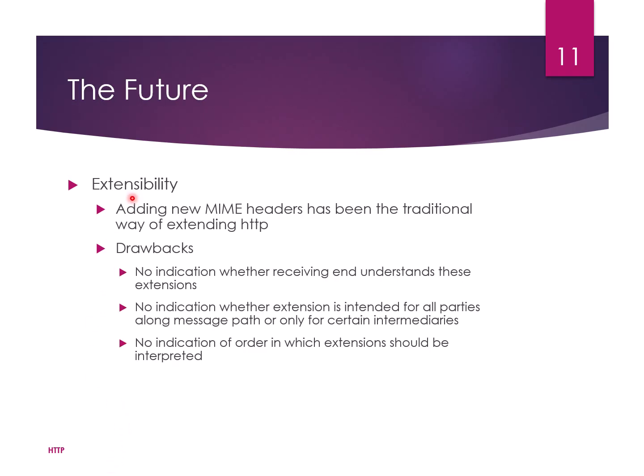Now we learn HTTP features. First is extensibility. Extensibility of HTTP is often achieved by adding new MIME headers, which has been the traditional way of extending HTTP. Next are the drawbacks. This method includes no clear indication if the receiving end supports the new extension.